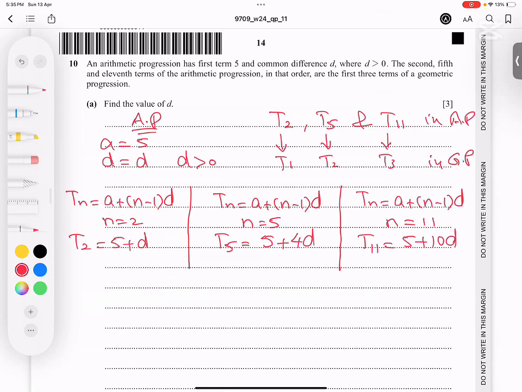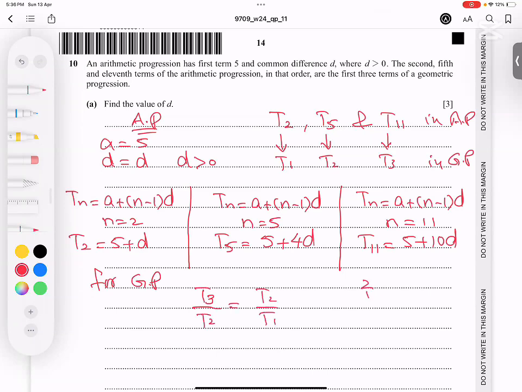Now, this point is very clear, students. I'm saying this is the first term, this is the second term, this is the third term of a geometrical progression. And you know, students, what is the criteria in geometrical progression? If there are 3 terms in GP, T1, T2, T3, then T3 divided by T2 is the same answer as T2 by T1.